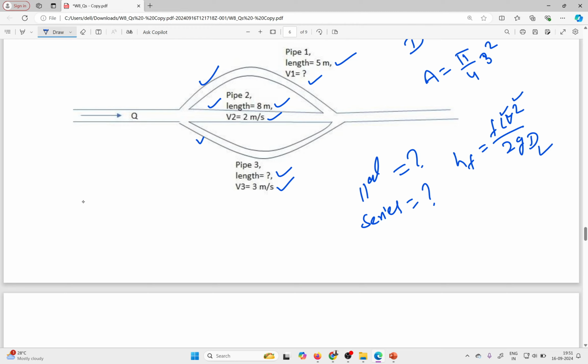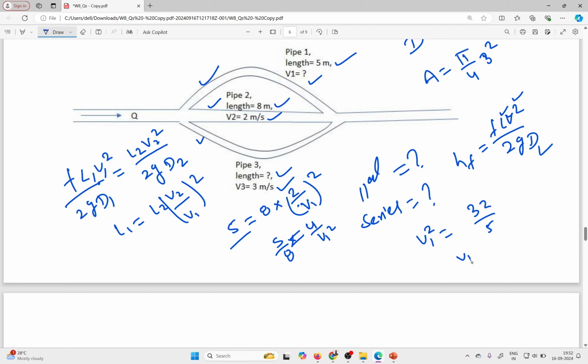So V1 square is equal to 32 divided by 5, and V1 is equal to root under 32 by 5. From here you will calculate V1. Now you can equate these two things, or you can equate these two things also, it depends on you.